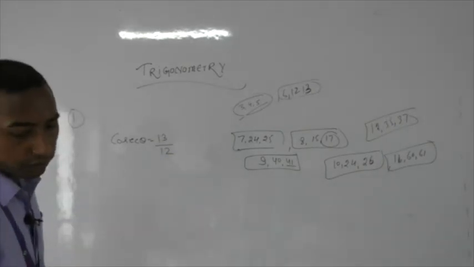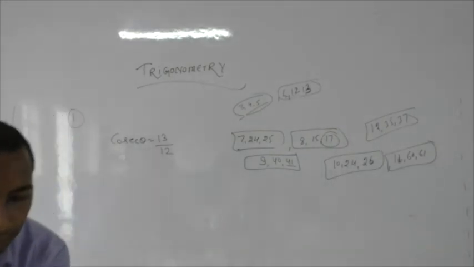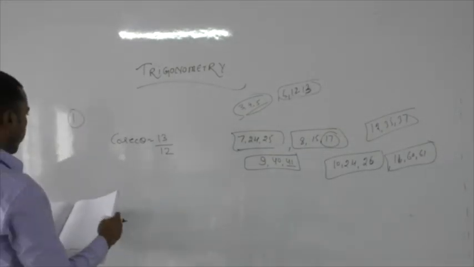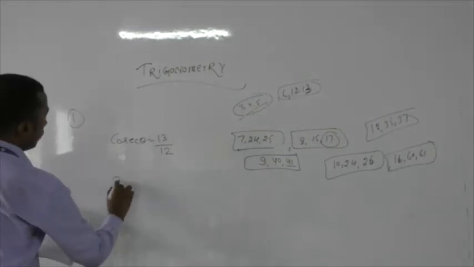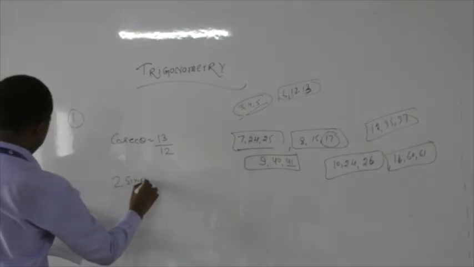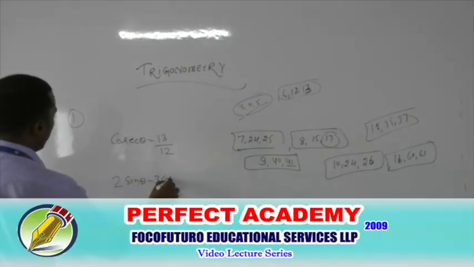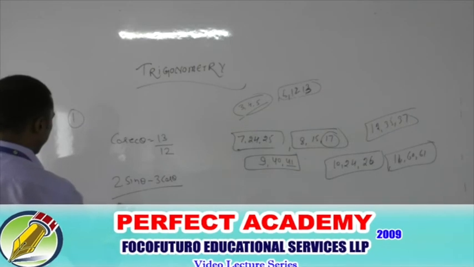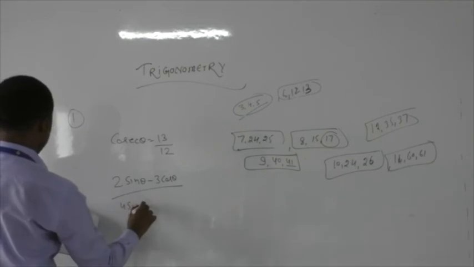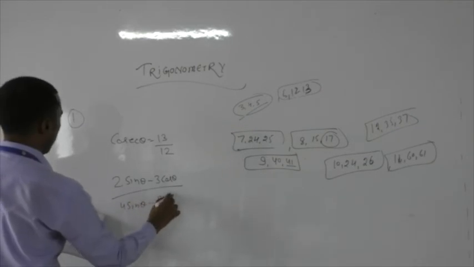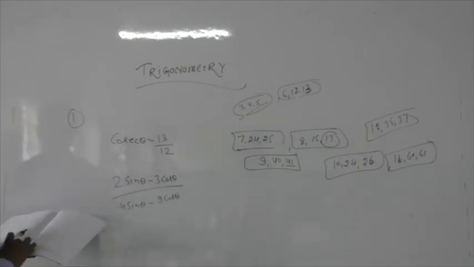Cosec theta is equal to 13 by 12. So find the value of 2 sin theta minus 3 cos theta divided by 4 sin theta minus 9 cos theta. This is the question.